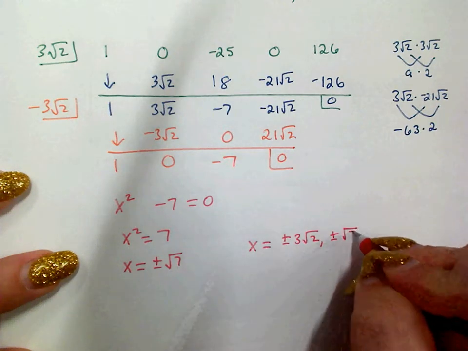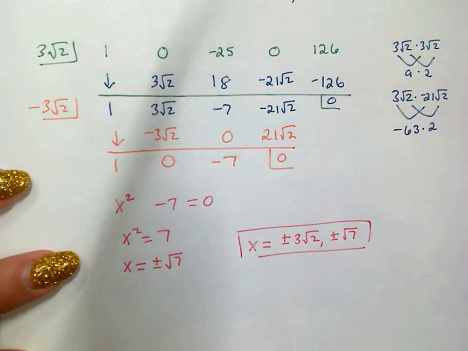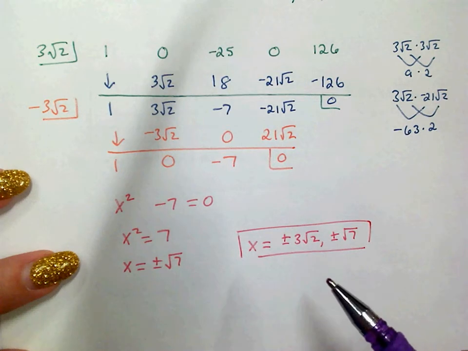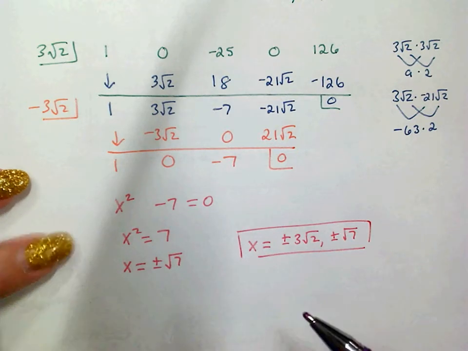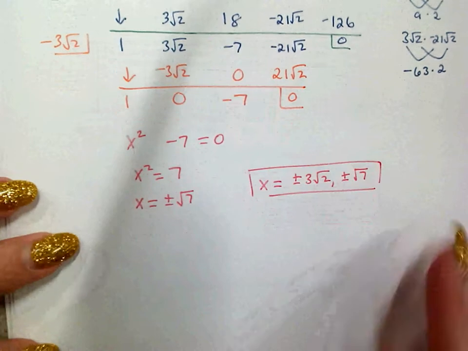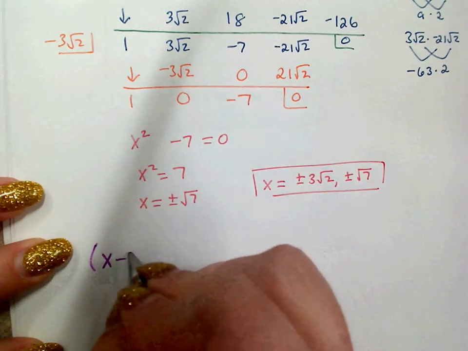Would anyone have chosen to do the long division way? Okay. So if you want to tune out at this point, feel free. I'm going to go ahead and show you what it would look like. If you have the root 3 root 2, then x minus 3 root 2 would be the factor, and x plus 3 root 2 would be the other factor.